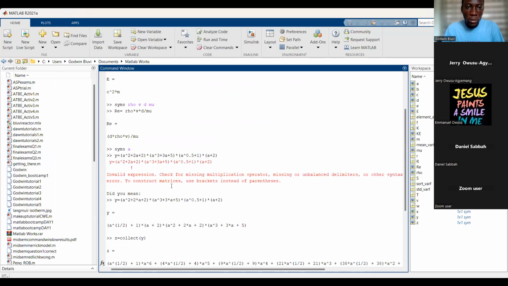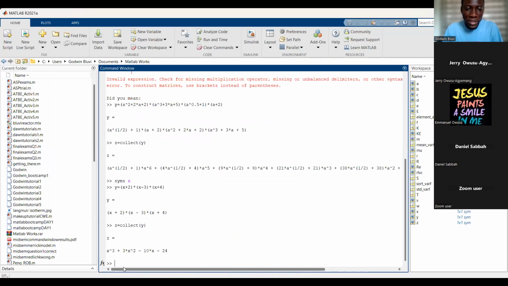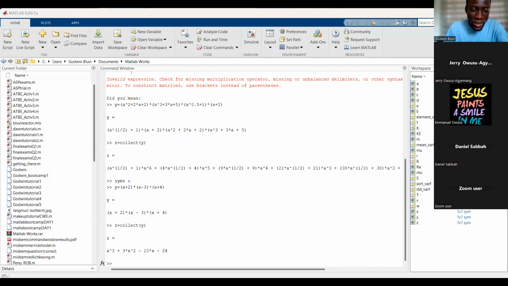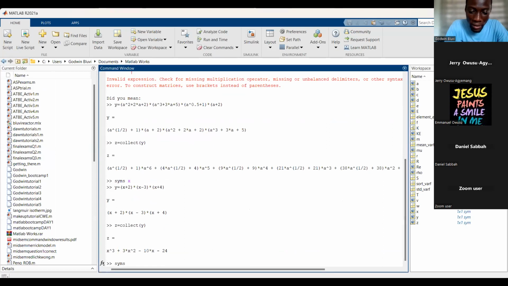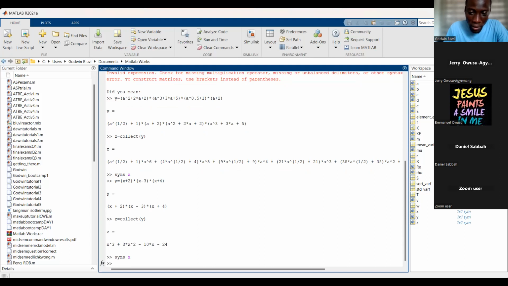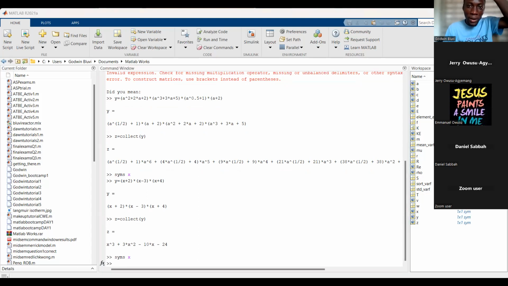Let me not delete this, so let me not do clc. So syms x, right? syms x. Then the next step is to carry out the multiplication of the following polynomial of x.